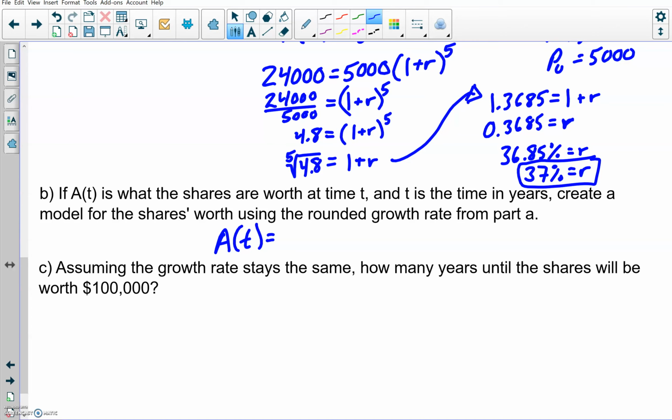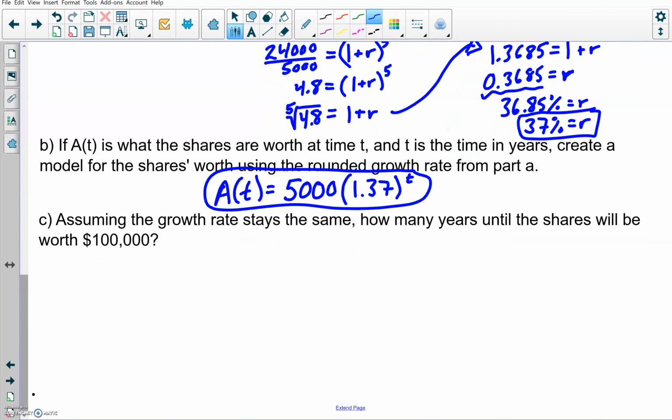But A of t would just be equal to the 5,000 starting amount, the P naught, times 1.37, because remember this was really a 0.37 if you rounded that, and then raised to the t power. And that would be your general predictive formula that you could use.